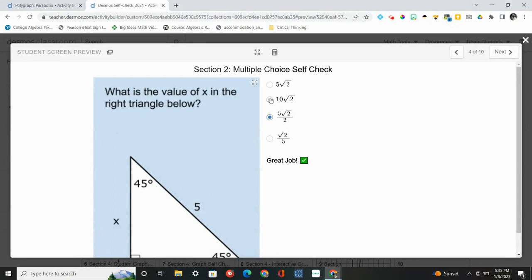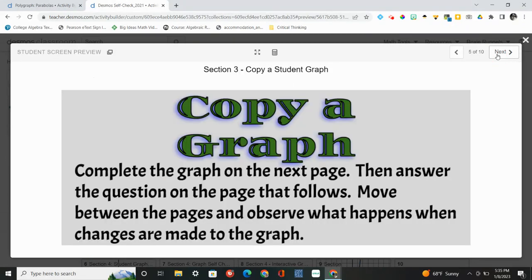So, for example, if they chose this incorrect answer, we could say, no, try again. Remember, the formula is x square root of 2. What would you need to multiply or divide to get from the hypotenuse to the leg? And you can give students hints or re-guidance through the multiple choice.